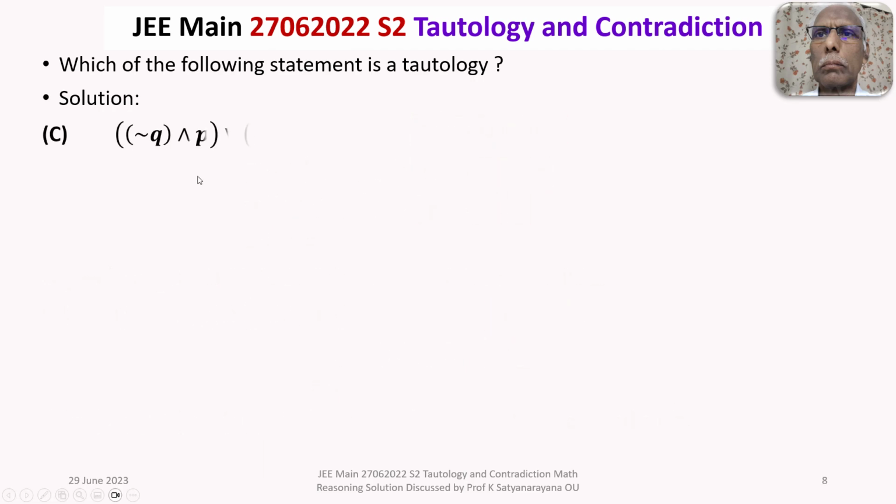Let's move to option C. In brackets, negation of Q and P, or, in brackets, P or negation of P. Look at this. This is a tautology.